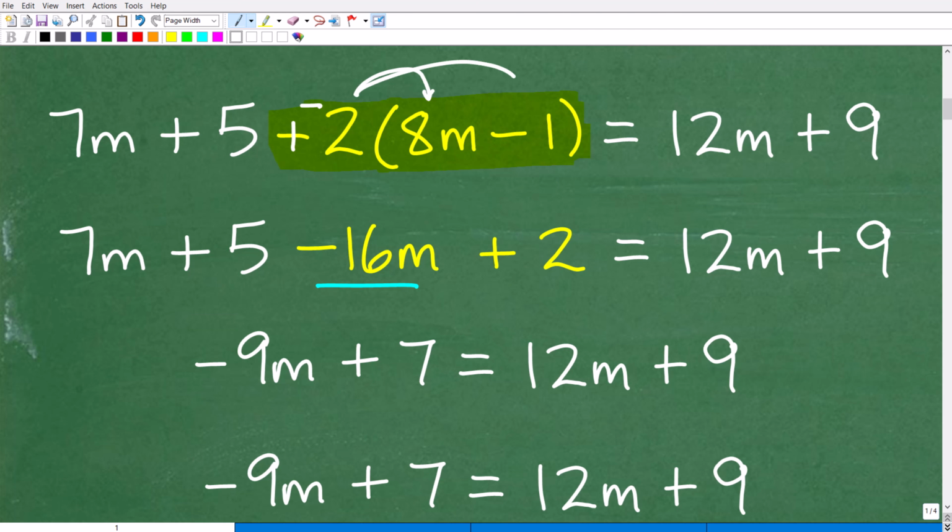And then -2 times -1. If you're confused that this is a -1, think of this as plus -1. A negative times a negative is a positive. So -16m plus 2. This is the result of using the distributive property right here, and that is our first move in terms of finding the solution to this equation.